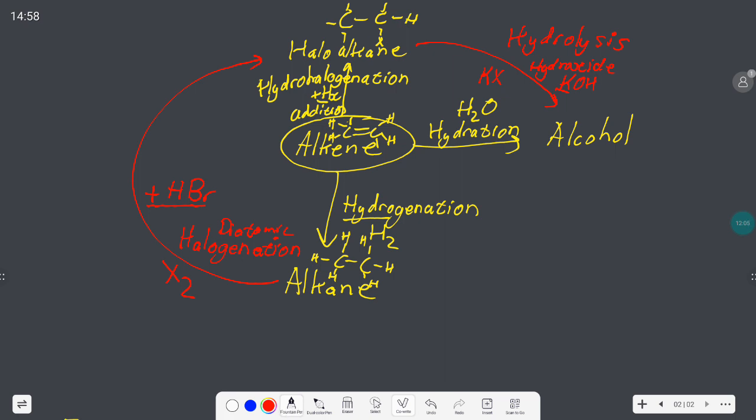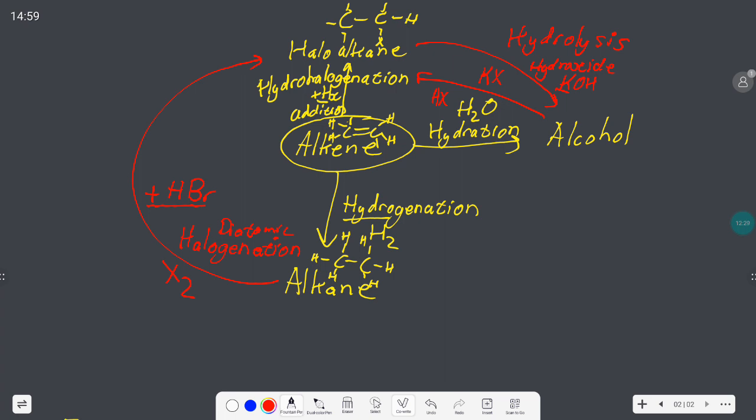Now, this reaction over here from haloalkanes to alcohols can also be reversed. What will I be adding with them? I will be adding once again a hydrogen halide.